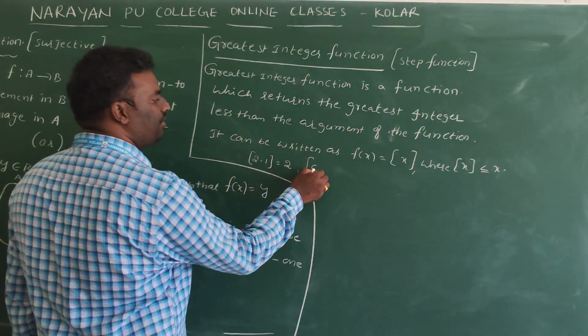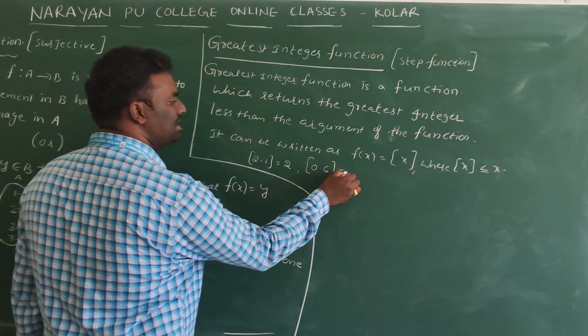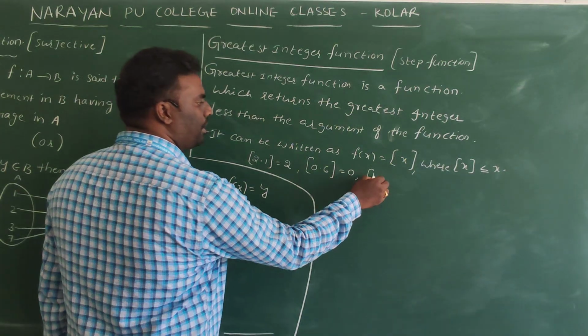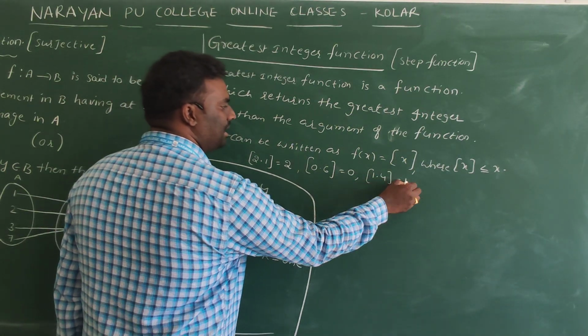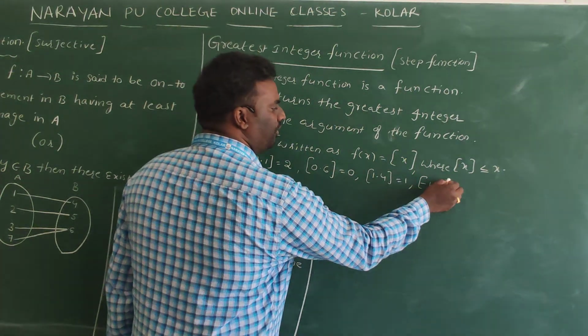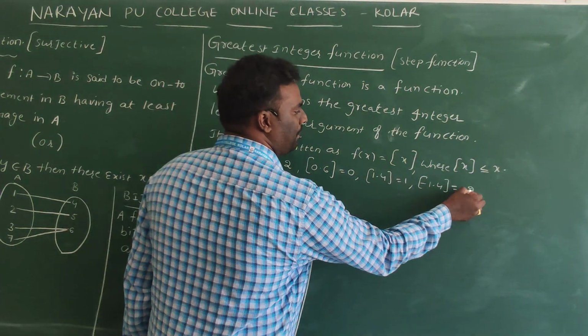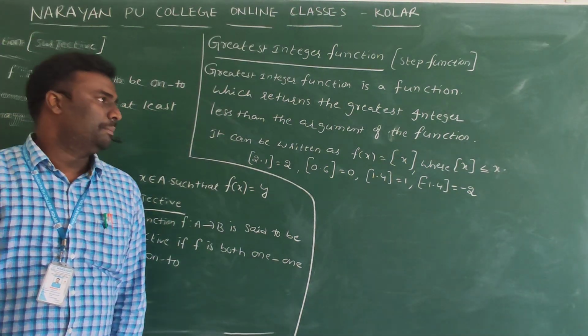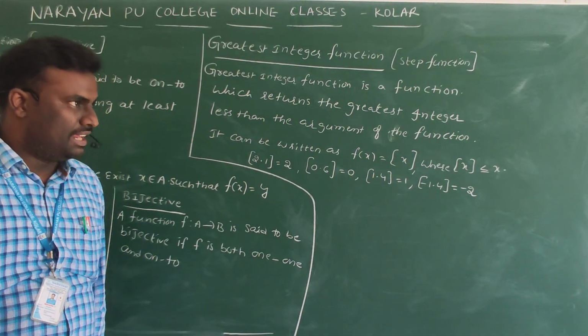Now, step of 0.6 is nothing but 0. Step of 1.4 is nothing but 1. Step of minus 1.4 is nothing but minus 2. Step function always gives the preceding integer.